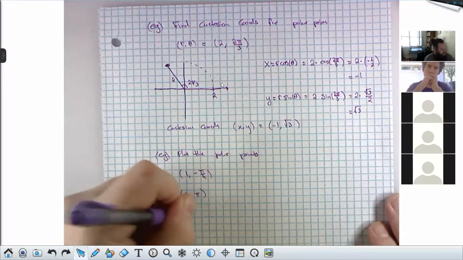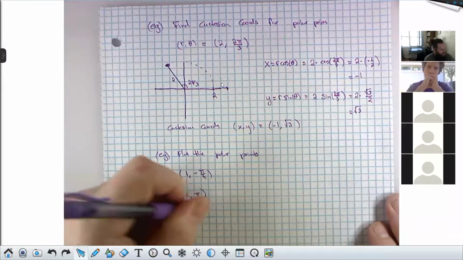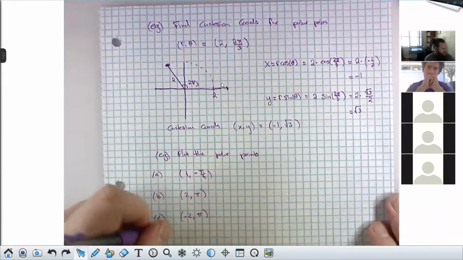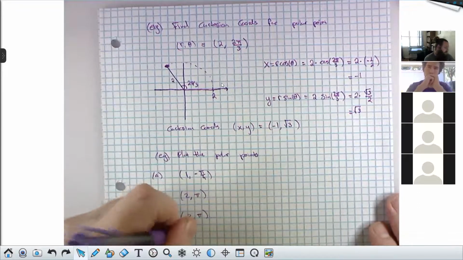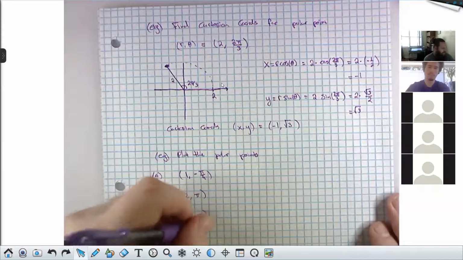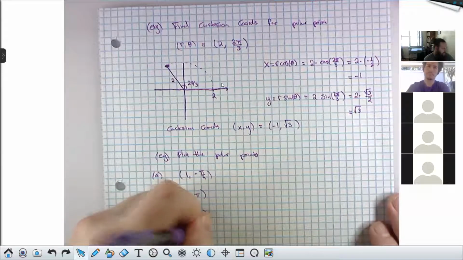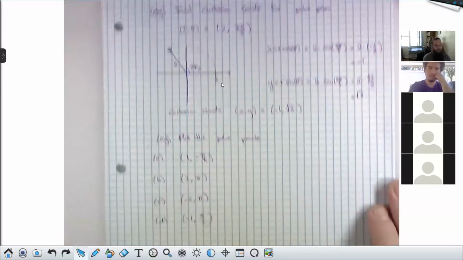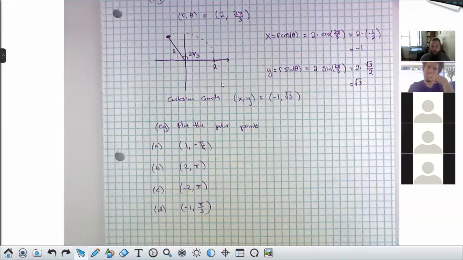Let's do negative 2 comma pi. And negative 1 comma pi over 3. So I'm going to show you here how to understand negative radii. First, we're going to get some practice just plotting these things. That's fine. But then parts C and D, I'll show you what to do with your negative radius.